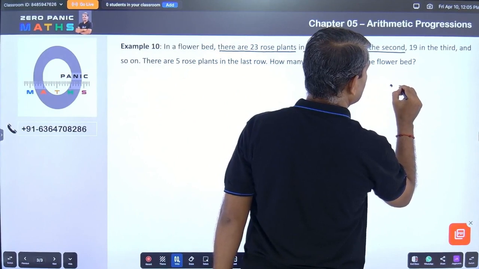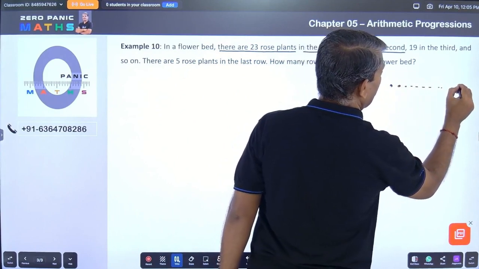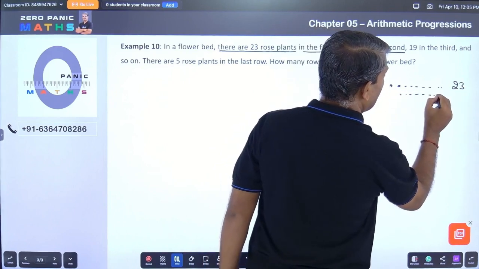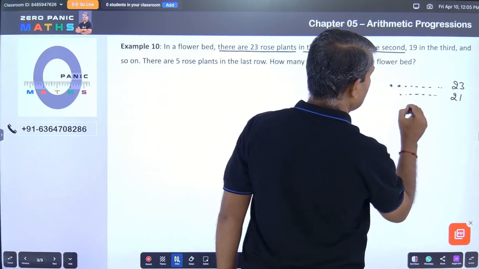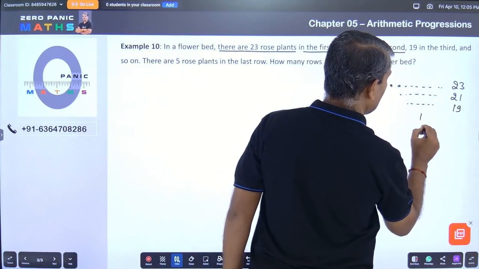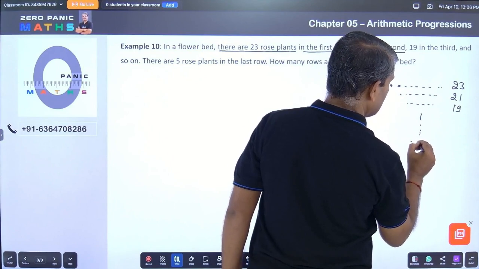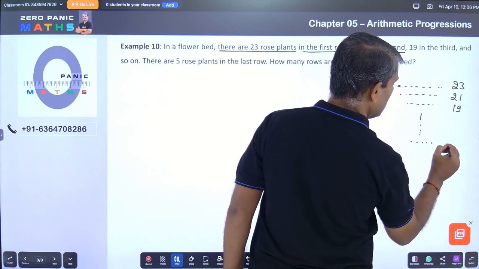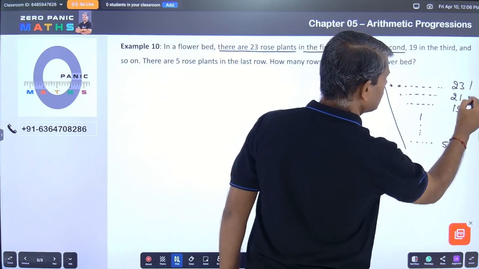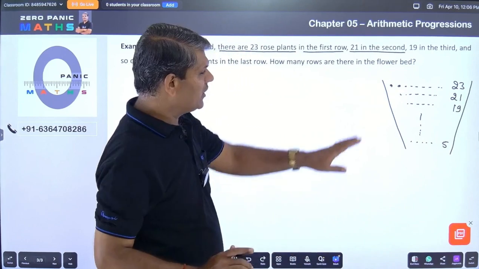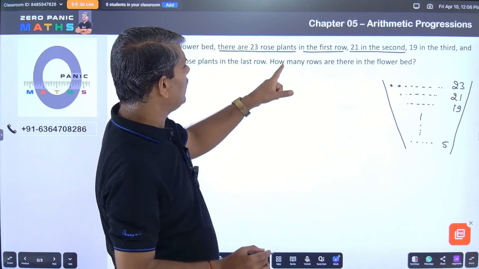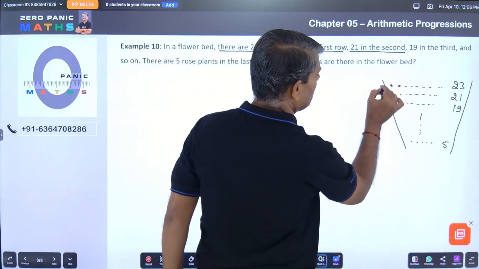They are arranging 23 in the first row, reduced by 2, 21 in the second, reduced by 2 again, 19, and continuing in this way, finally 5. This is what the flower bed looks like, and what they are asking us to find out is how many rows there are in this.